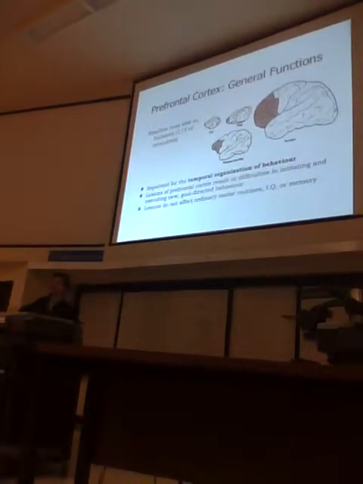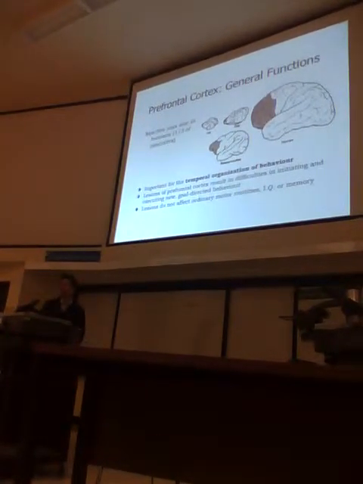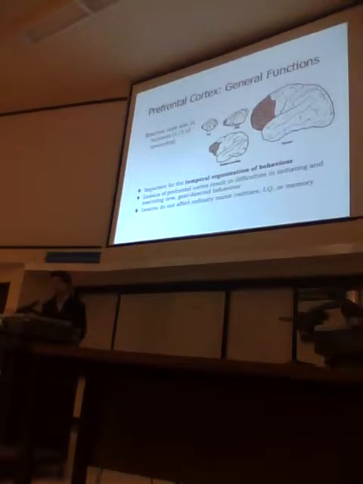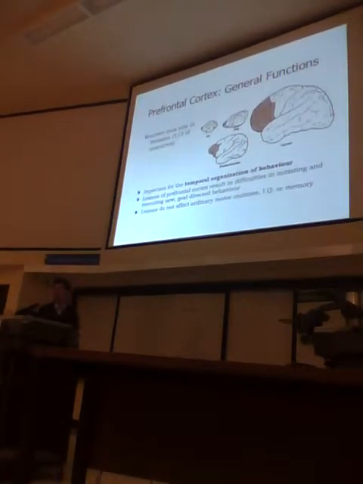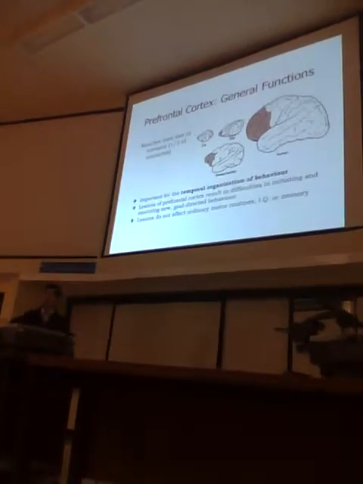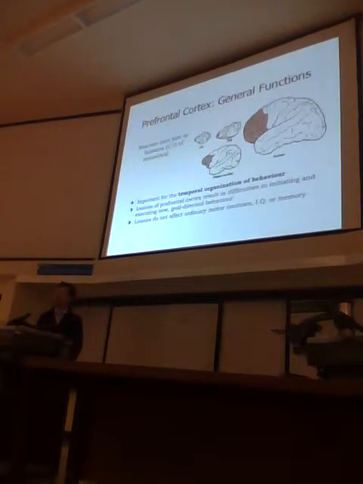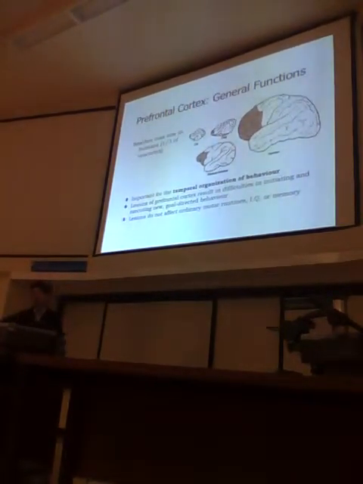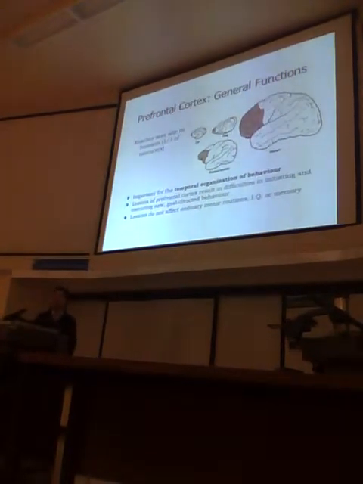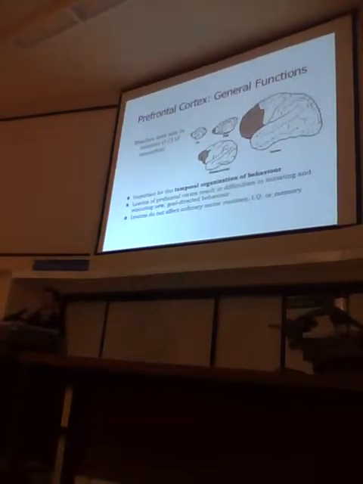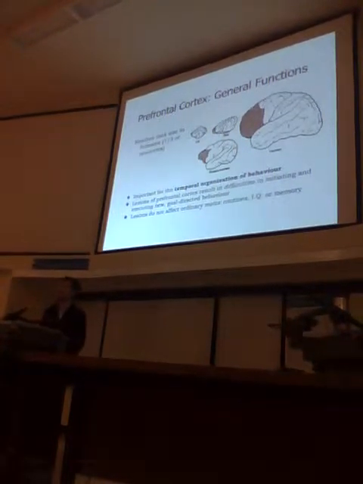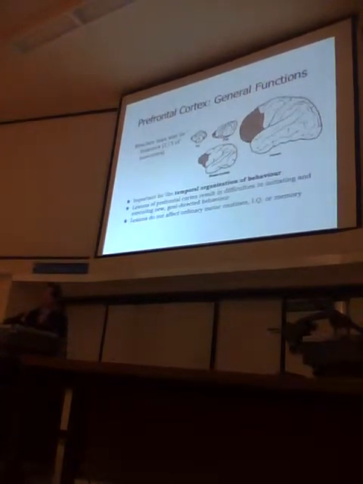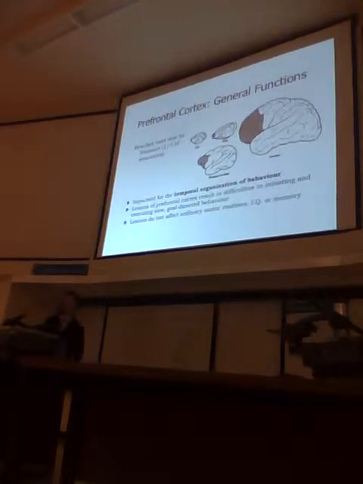With experimental lesions in monkeys, what you find is that if the prefrontal area is lesioned, the monkey has a hard time initiating and executing behaviors that have a purpose, purposeful behaviors. Basic movements, eye movements, etc., are perfectly normal. The animal just cannot execute complex, purposeful movements, sequences of movements.